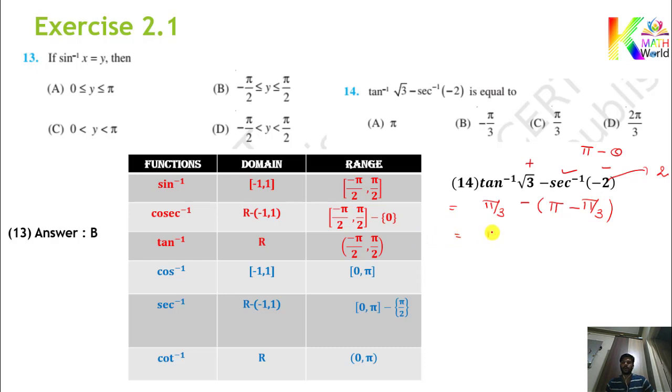So you got here pi by 3 minus pi, minus minus plus pi by 3. It means you got 2 times pi by 3 minus pi. So by LCM you got 2 pi minus 3 pi. So you got minus pi by 3. So that will be your answer.